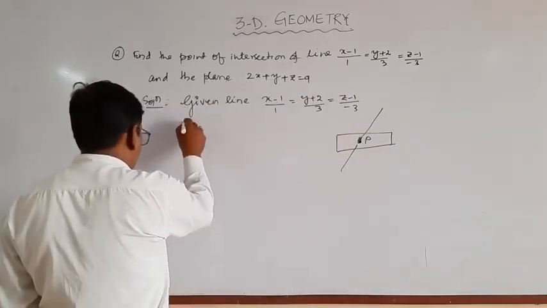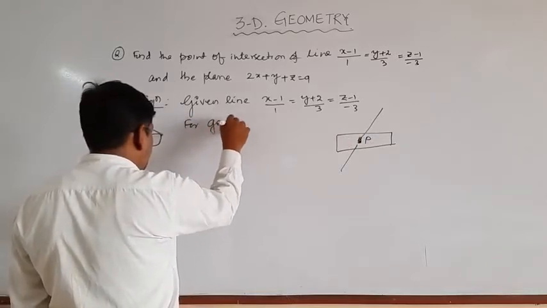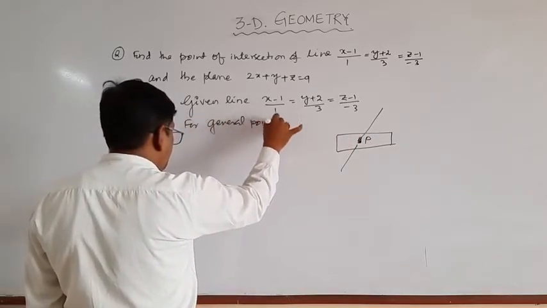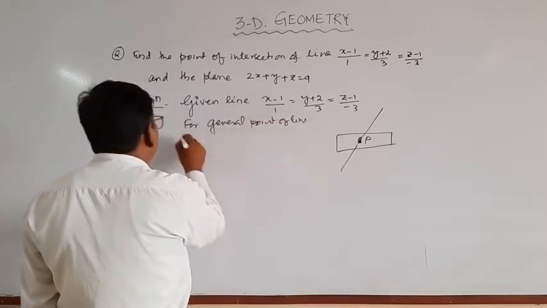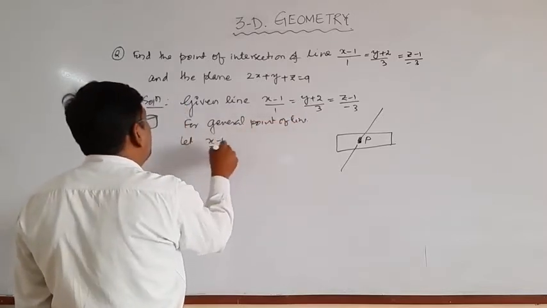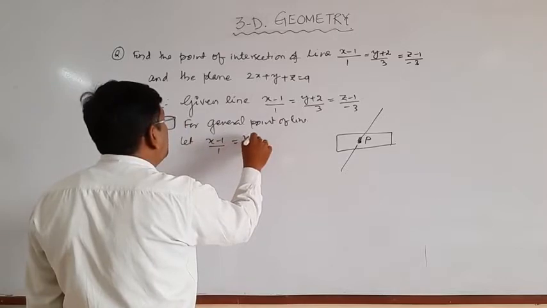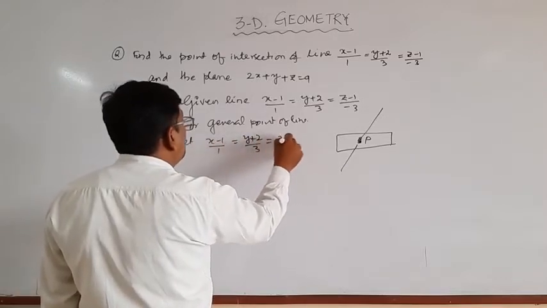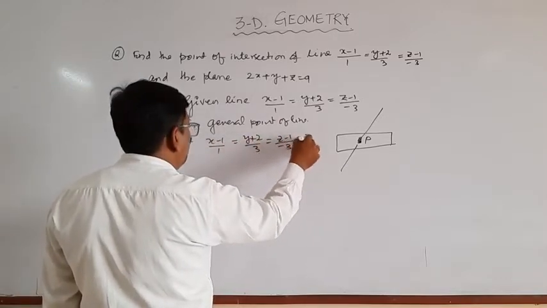Let us take the general point of the line. Let x minus 1 by 1 is equal to y plus 2 by 3 is equal to z minus 1 by minus 3 is equal to lambda.